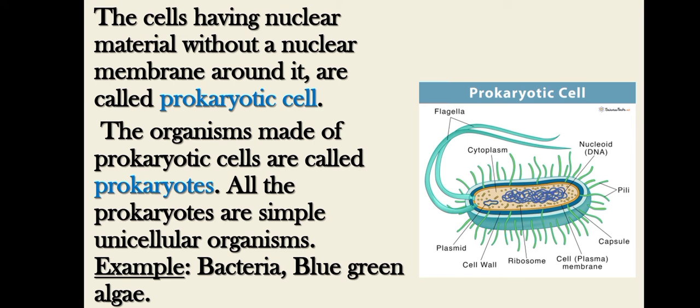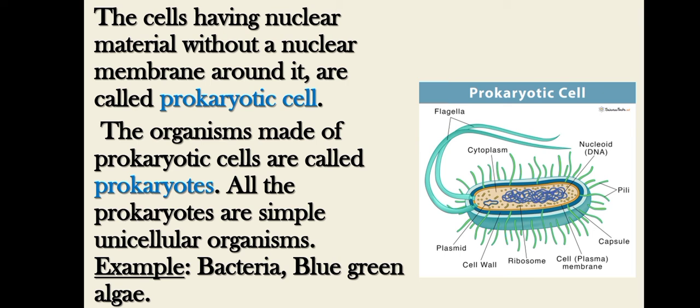There is no nuclear membrane around the nuclear material in the prokaryotic cells. The cells having nuclear material without a nuclear membrane around it are known as prokaryotic cells. The nuclear material in a prokaryotic cell is in direct contact with the cytoplasm.